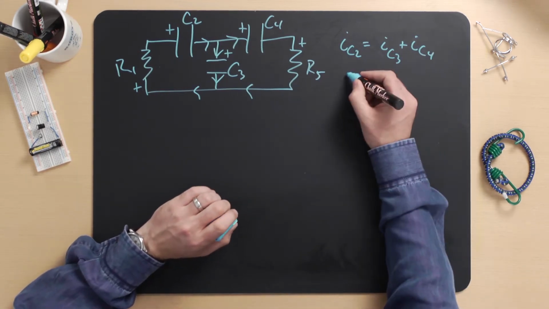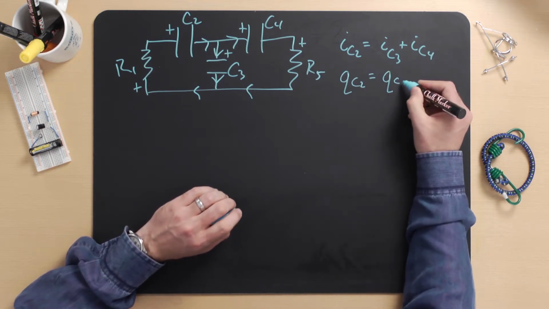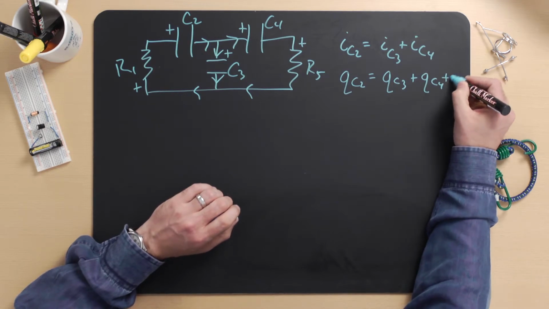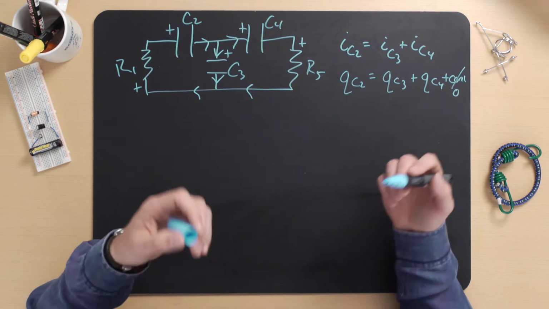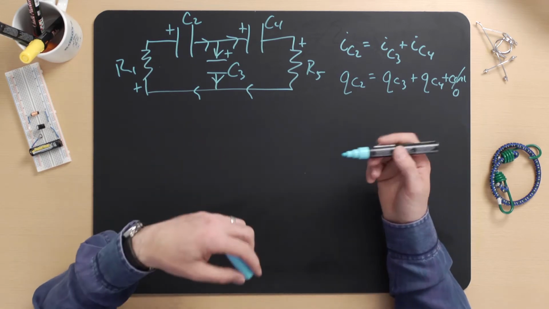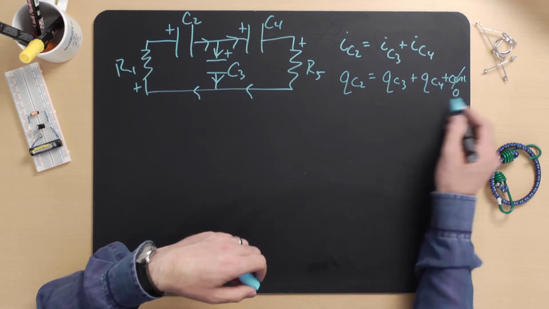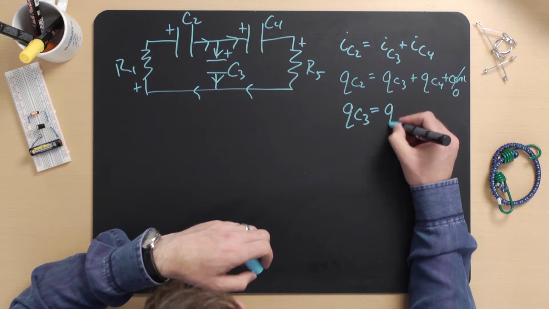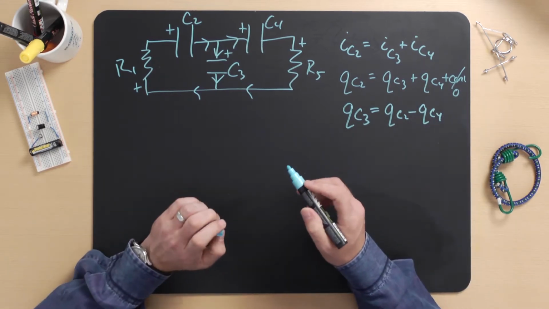And this implies that QC2 is equal to QC3 plus QC4 plus some constant. But we're going to assume that that's equal to 0 because typically the total charge in a circuit is equal to 0. This equation implies that QC3 is equal to QC2 minus QC4, and we're going to use that in a moment.